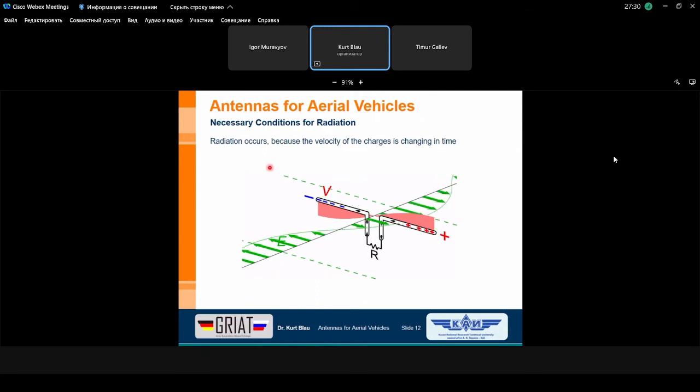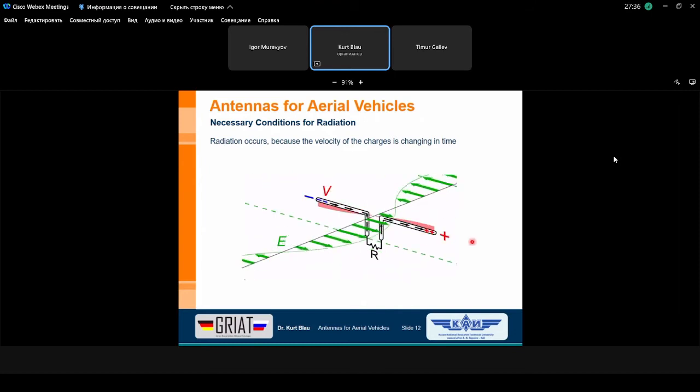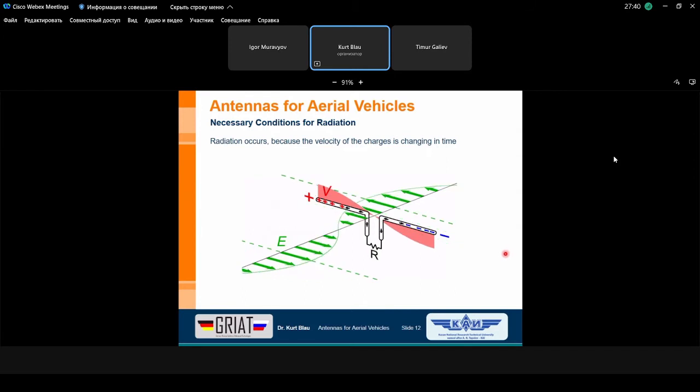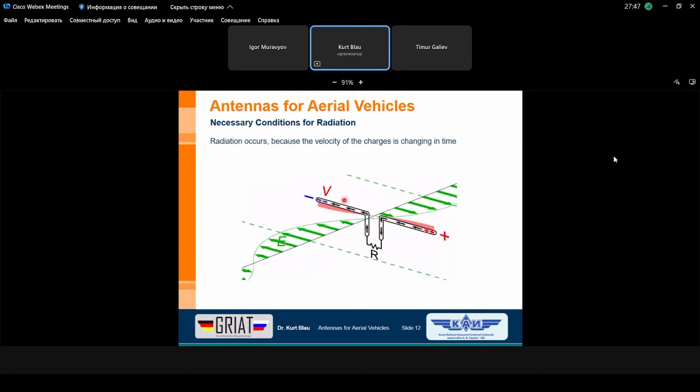Here you can see the incoming or radiated field of a dipole in this direction here, and you can see that the E field components are in the direction of the dipole itself.